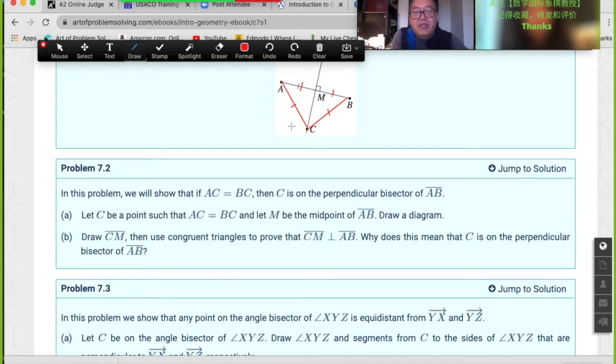So first, you need to prove CM perpendicular to AB. What do you know? That AC equals BC and AM equals BM. So can you prove CM perpendicular to AB?